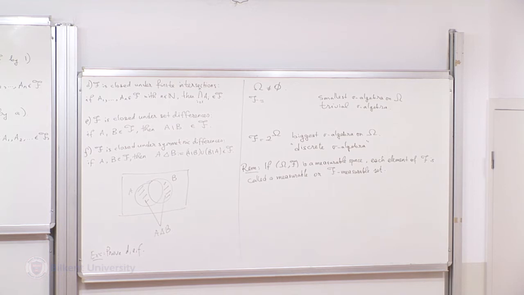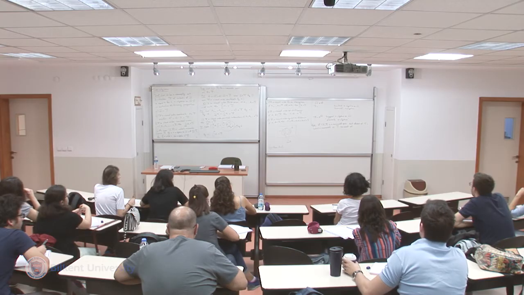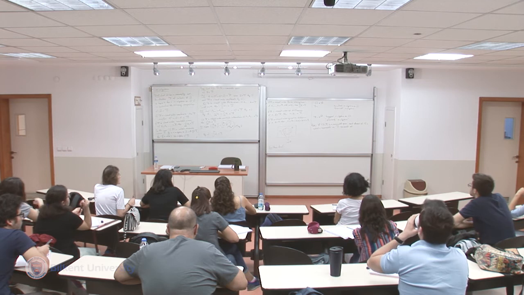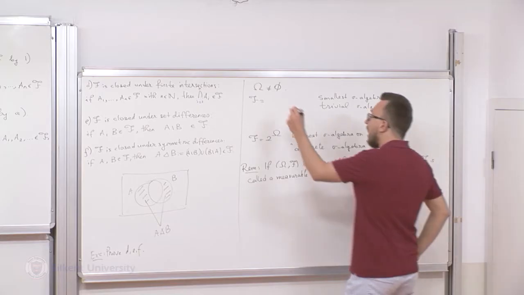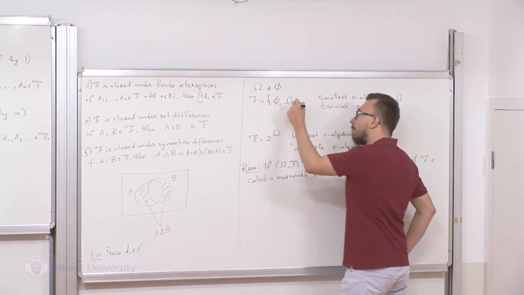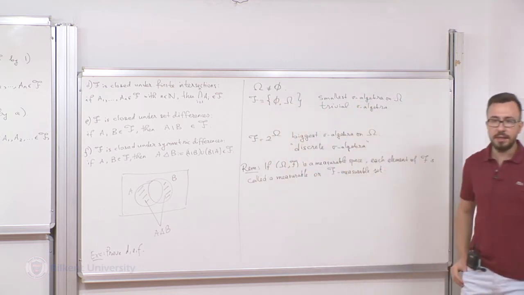So can it be the empty collection? Nothing in it? No. Why? We should also have the sample space. At least we have the sample space. What else? Look at the proposition, empty set, right? So if I have my empty set and my sample space, would that be enough to qualify for a sigma algebra?